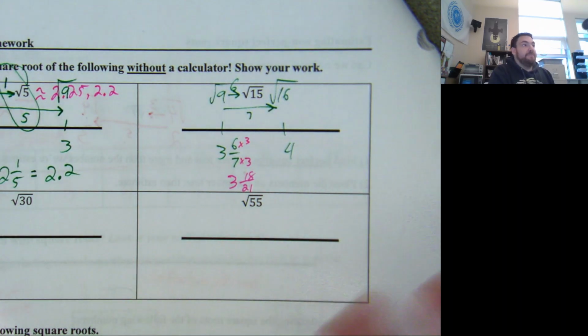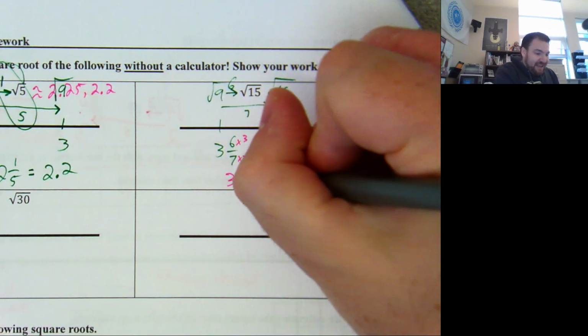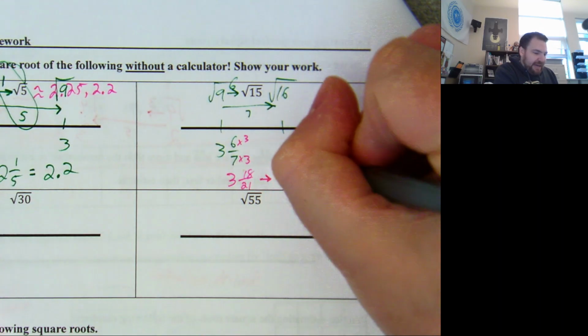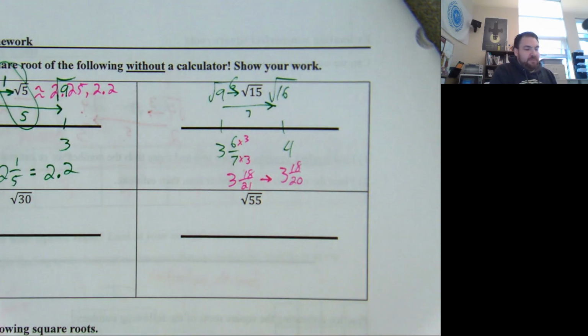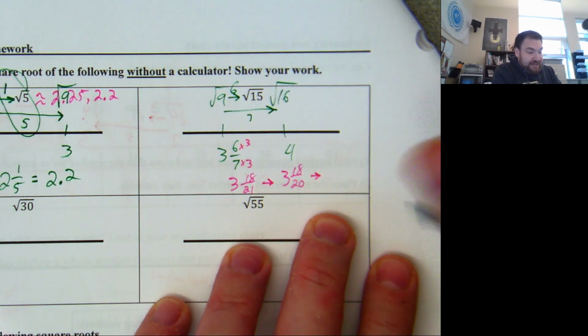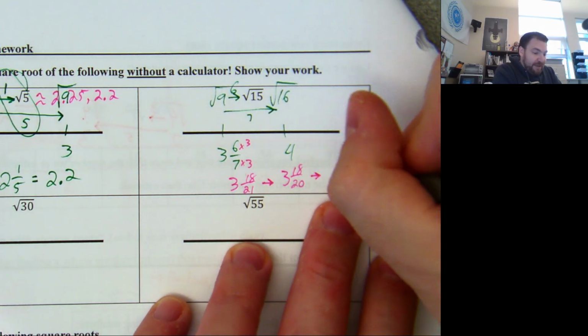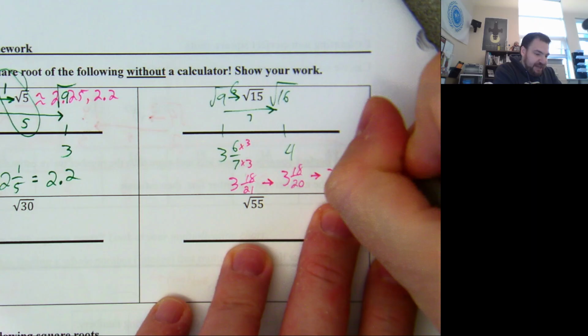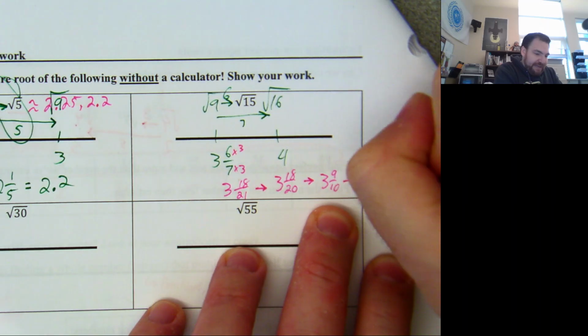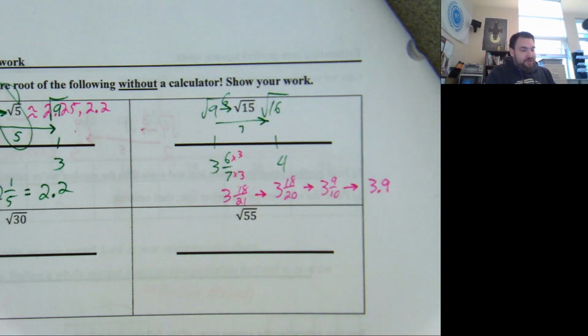Now this is where I'm going to massage the fraction, and I'm going to say that 3 and 18 over 21 is basically going to be 3 and 18 over 20, which is really quite nice because I can divide top and bottom by 2, which gives me 3 and 9 over 10, which is 3.9, and that would be my estimate for this question.